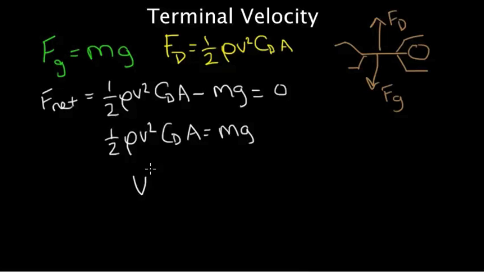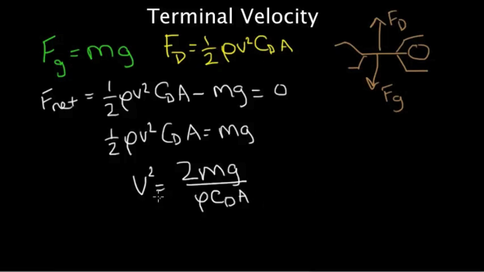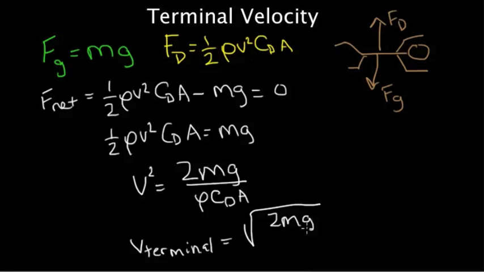I get v squared is equal to mg, and I have to multiply by 2 on both sides, so I get 2mg, divided by rho cd A. And then the last step is to just take the square root of both sides. So I get that v terminal is equal to the square root of 2mg divided by rho cd A.